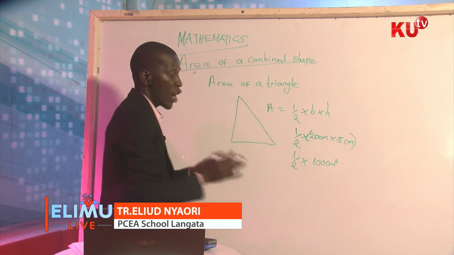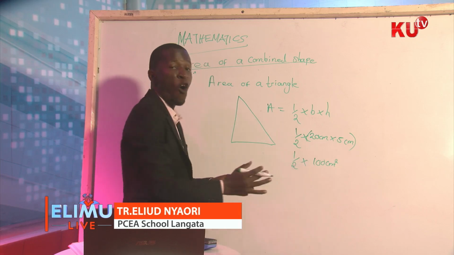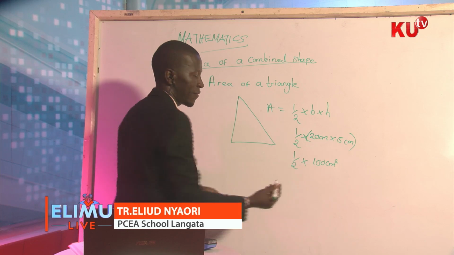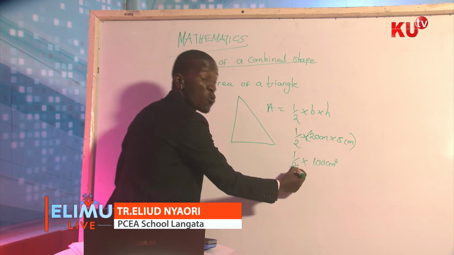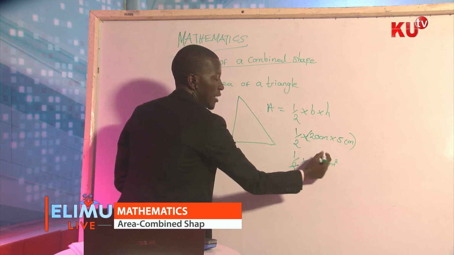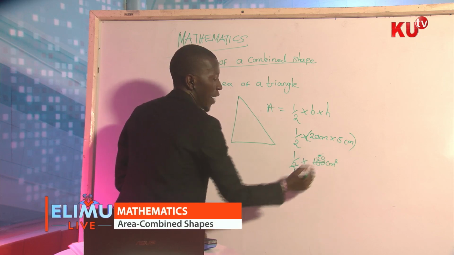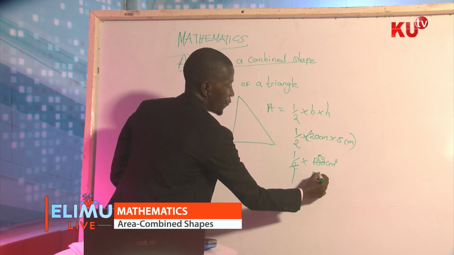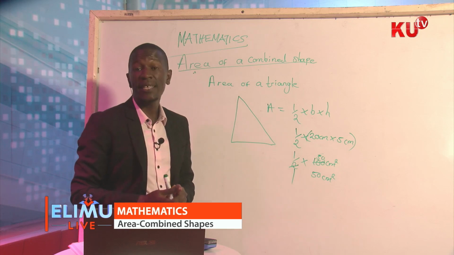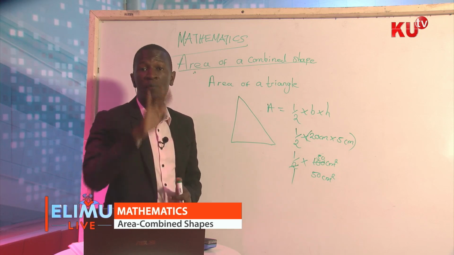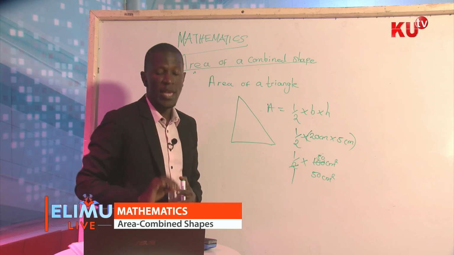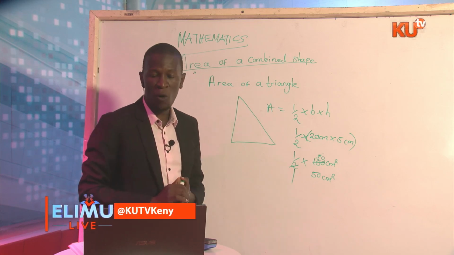From there, now you can find a half of 100, or you simplify by asking yourself, 2 goes into 2, 1. 2 goes into 100, 50 times. So you find your answer as 50 centimeter square. So that is how to find the area of the basic shapes, that is square, triangle, and rectangle.